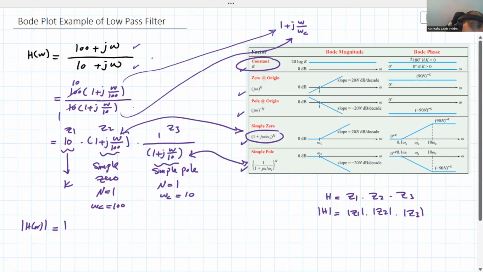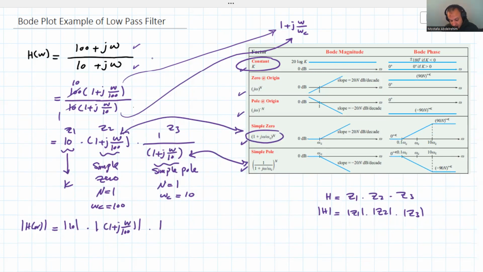So that's equal to the magnitude of 10, multiplied by the magnitude of 1 plus j omega divided by 100, which is omega c in that case, multiplied by the magnitude of 1 plus j omega over 10 to the power of minus 1.